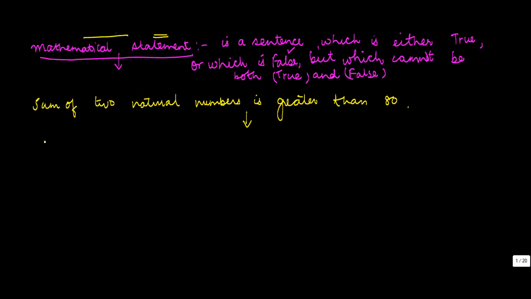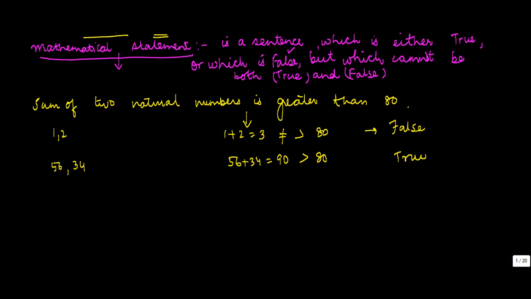Why? Let's say you take two natural numbers 1 and 2. So 1 plus 2 is equal to 3, which is not greater than 80. So the statement is false. Now let's take the value of two natural numbers as 56 and 34. So 56 plus 34 gives you 90, which is greater than 80.